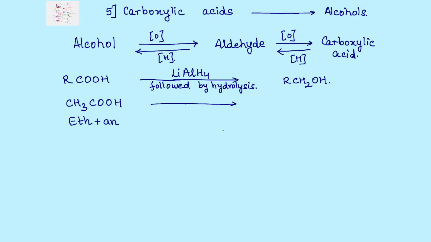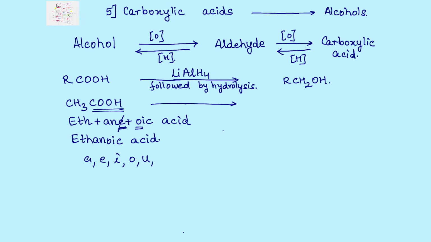Saturated, so ane. Carboxylic acid is the functional group, so oic acid, right? Starts with the vowel, we do away with the vowel and we have ethanoic acid. We avoid 2 vowels together. So if your suffix is starting with A, E, I, O, U and Y, then we do away with the last vowel of the previous part, right?